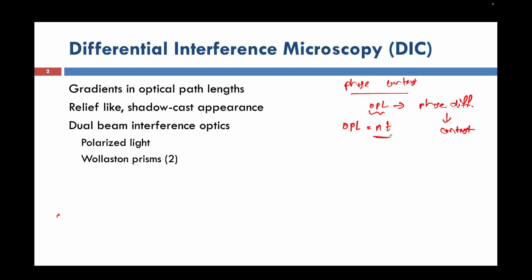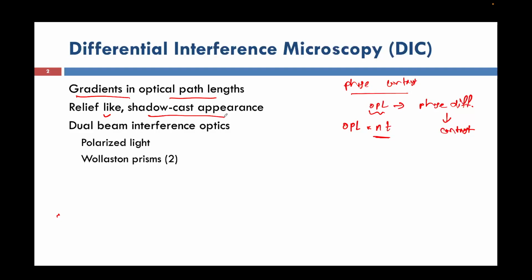This differential interference microscopy is an imaging system that converts the gradients in optical path length, not only the optical path lengths but the gradients in them. How we see those gradients, we will see in the subsequent slides. When we put our object under the microscope, there is a relief-like structure or a shadow cast appearance.